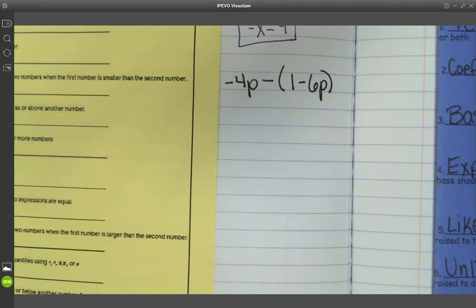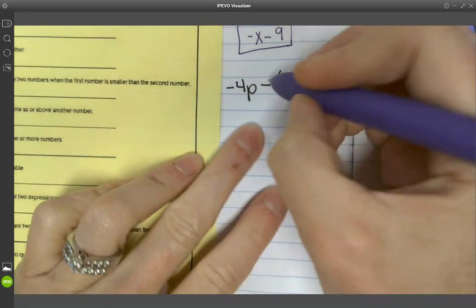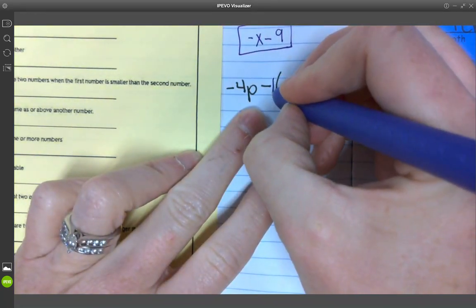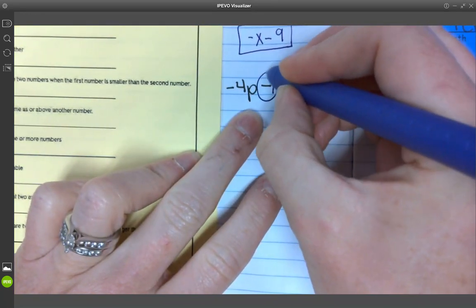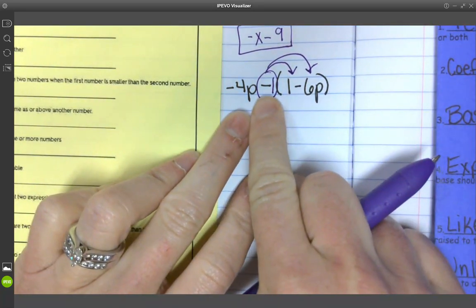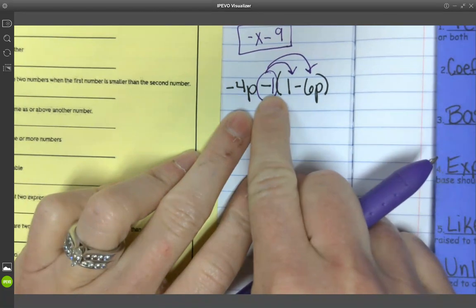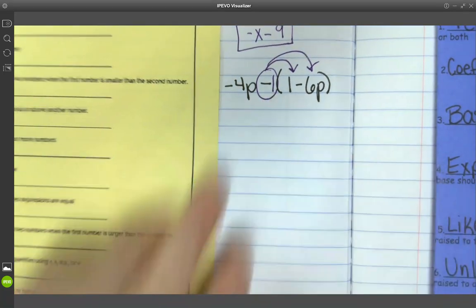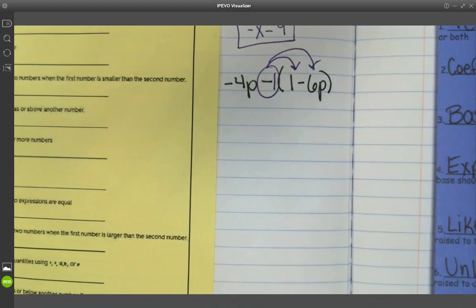What are you going to distribute on this one? One. What kind of one? A negative one. So if there is just a minus parentheses, that means you need to go ahead and put that 1 there, and that's what you're distributing.